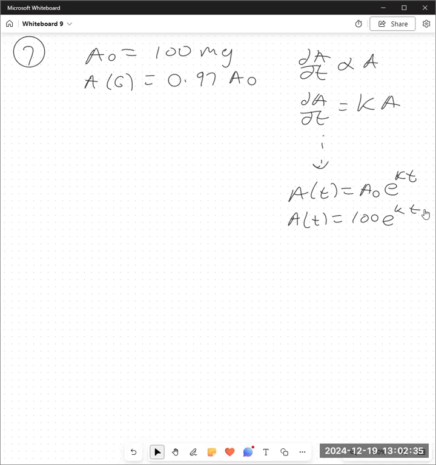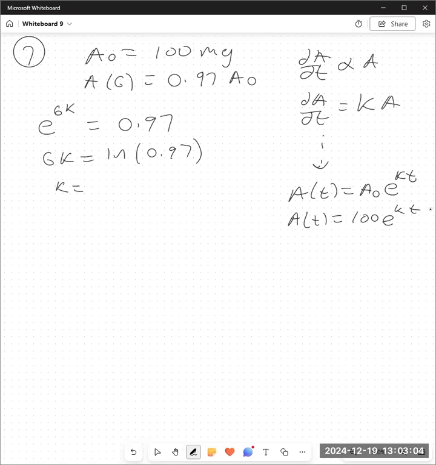Then let's go ahead and find the half-life of this. So let's find k. So e to the 6k is equal to 0.97. 6k is equal to ln of 0.97.